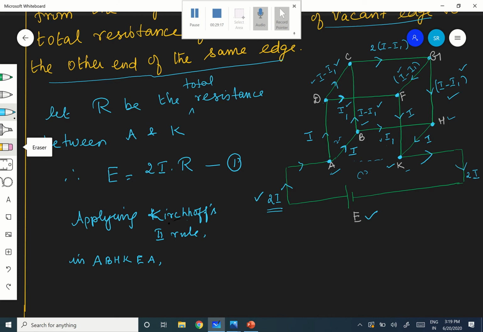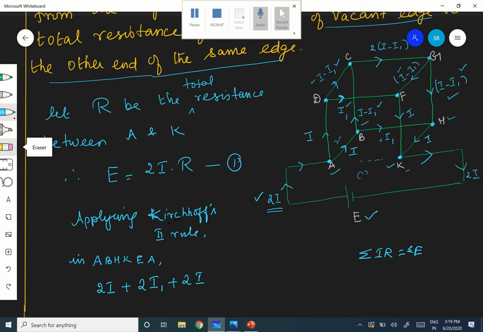In AB, applying Kirchhoff's second rule, it is 2I, because the resistance is 2 and current is I. And in BH, it is 2I1, correct? And in HK, it is 2I. Sigma IR is equal to sigma E.